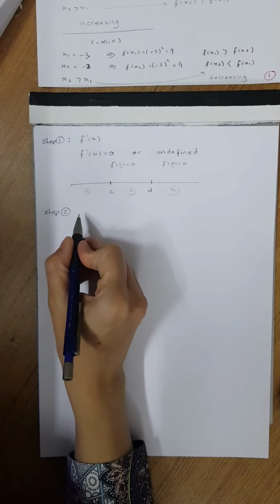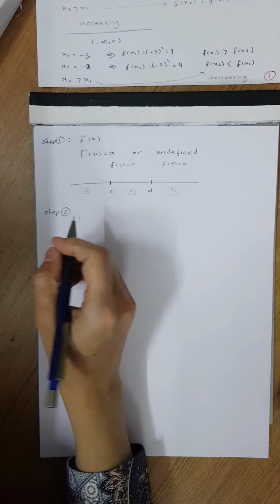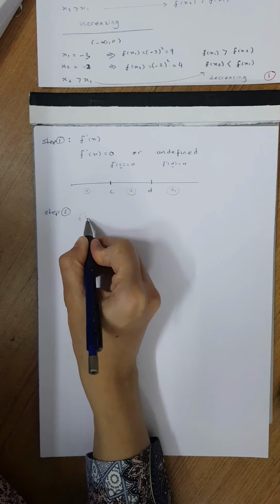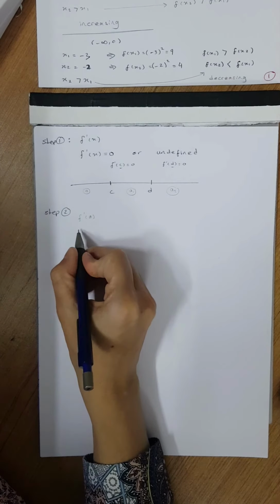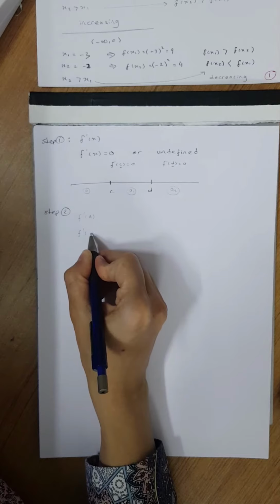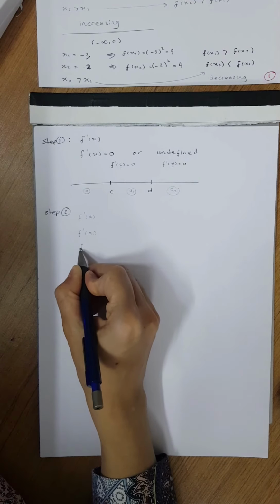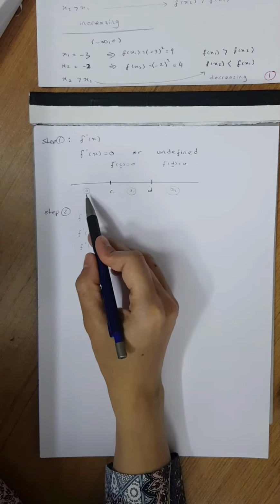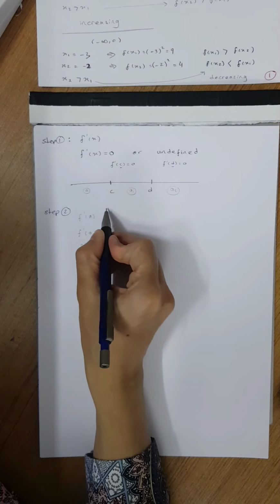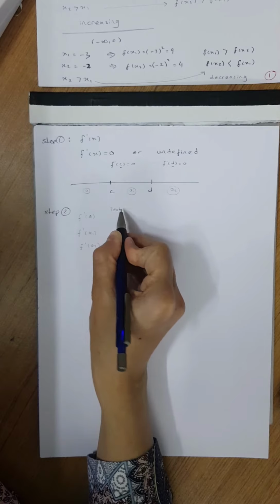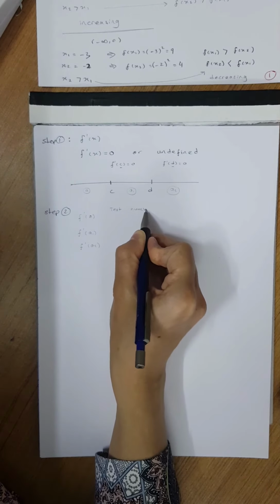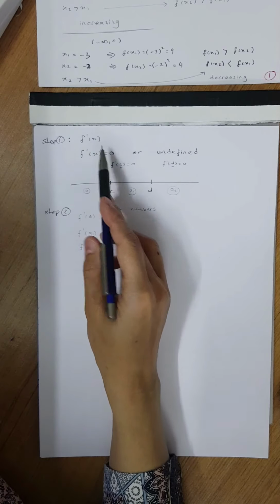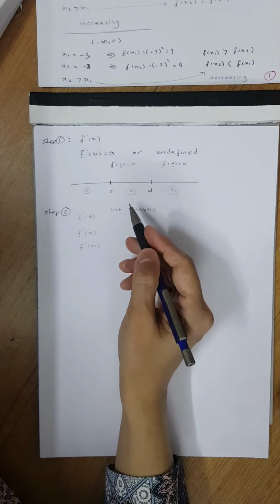We will put those test numbers into the first derivative of the function. So I will find f prime of A1 and f prime of A2. That means I will put those test numbers into the first derivative that we've already found.